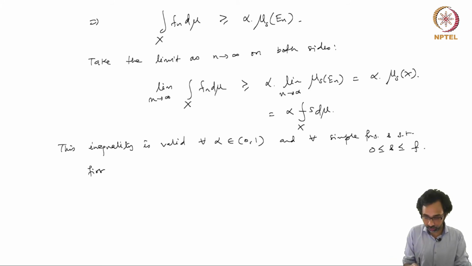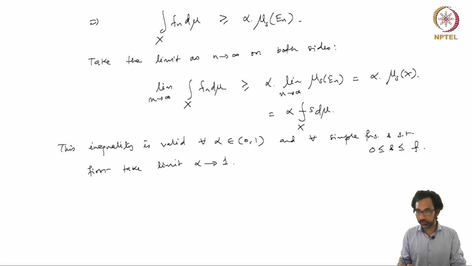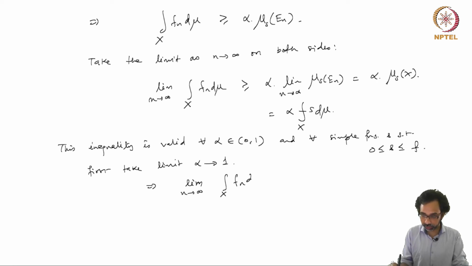So first we can take the limit as alpha goes to the value 1. So this implies that the limit as n tends to infinity of the integral of f_n d mu is greater than or equal to the value at alpha equal to 1, which is nothing but this simple integral.